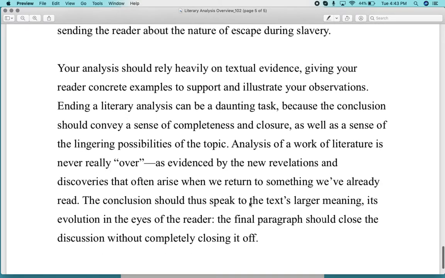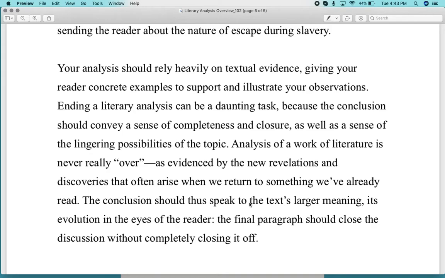And then in terms of ending it, as always, you want to restate your thesis and you want to universalize. But ending a literary analysis in particular can be kind of daunting, because you want the conclusion to convey a sense of completeness and closure, but also the sense of the lingering possibilities of the topic, right? Because analysis of literature is never really over.